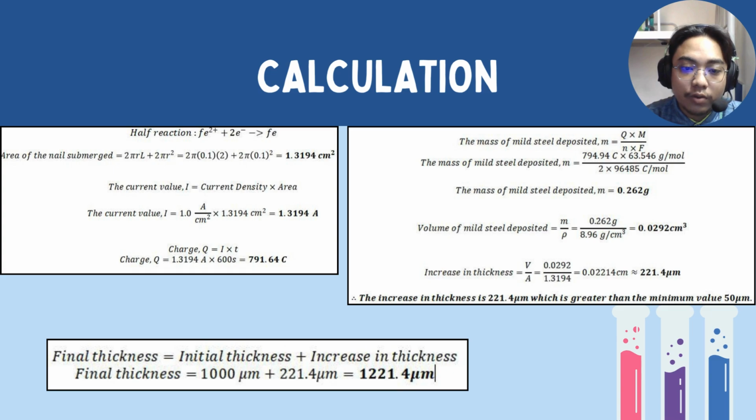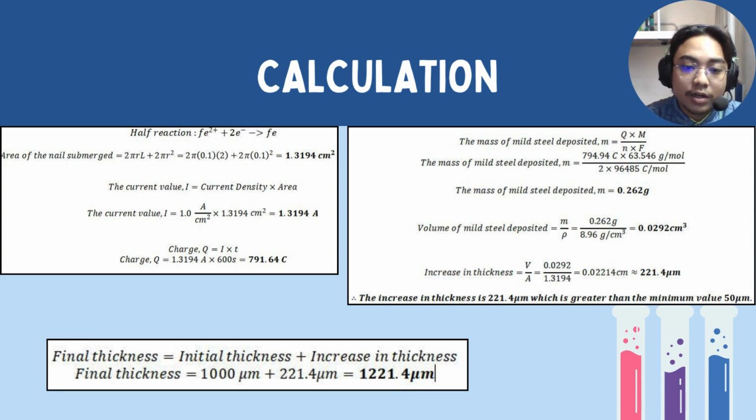For the current value, the formula is current density times area. The current density we get is 1 times the area that we got earlier. We will get current is 1.3194 A. A is for ampere.